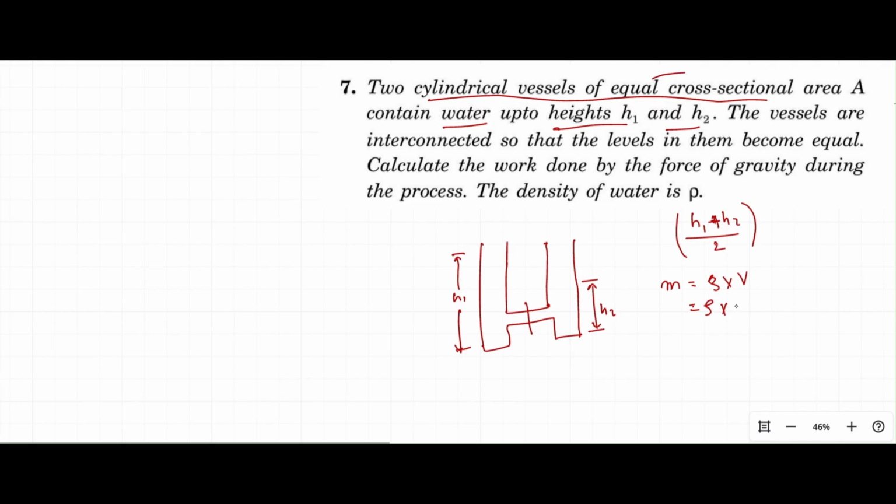It means that volume will be area into length, or height. So the cross-sectional area is the same, so rho A is the same. So we can say that in the H1 column mass is equal to rho A H1, and in the H2 column mass is equal to rho A H2.